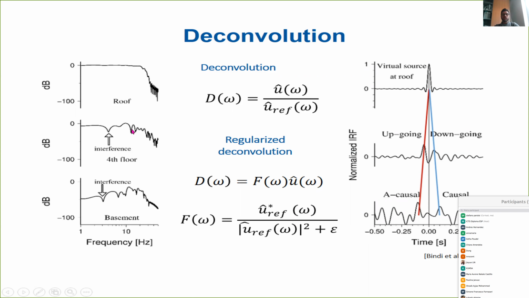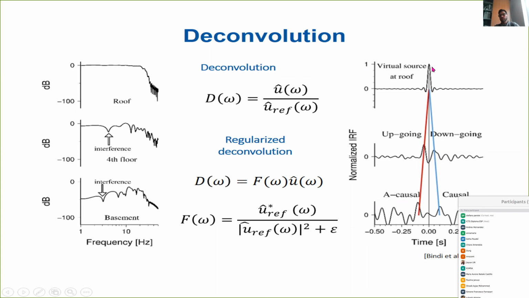For example, if you use the roof as a reference, you will obtain two signals like we have seen. One is describing the acausal part of the propagation, so it could be seen as a sort of signal propagating from the bottom to the top, and then the part of the signal that from the top is sent back, let's say, in the ground or through the building as a positive time.